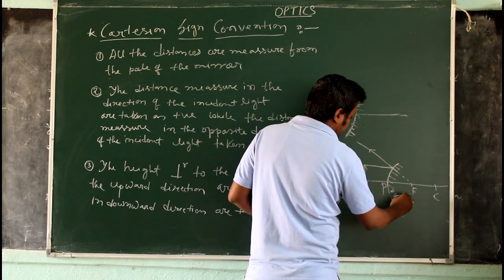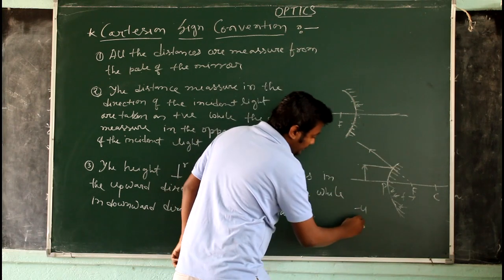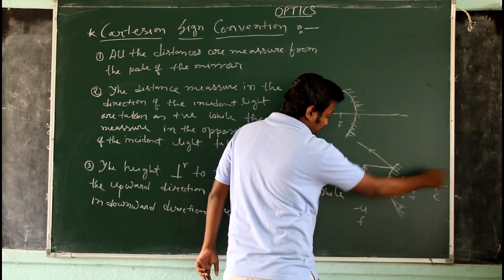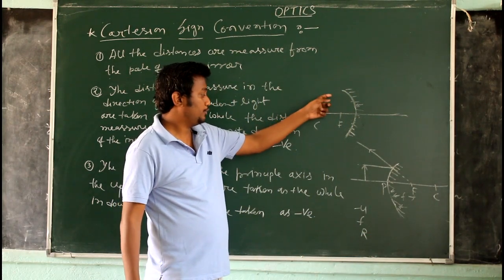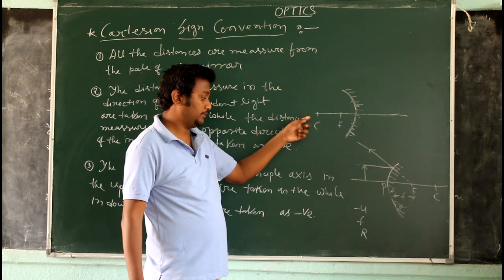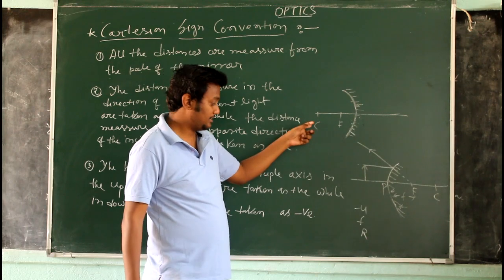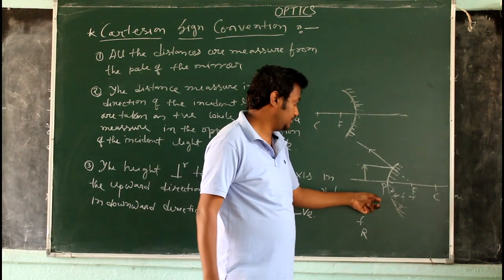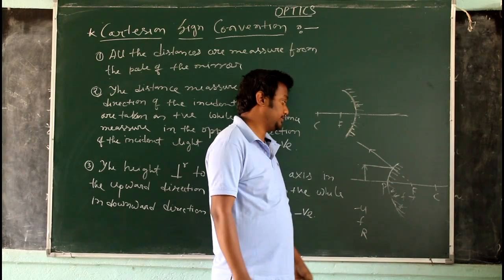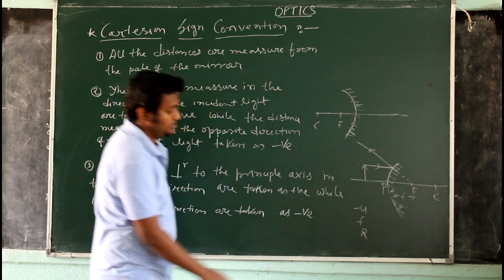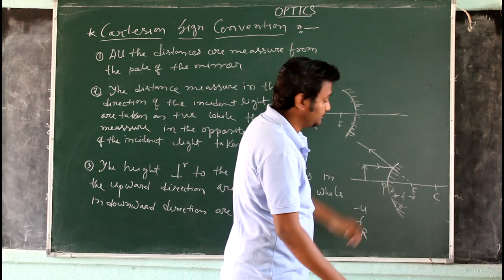In this case, the object distance will be negative, but the focal length is positive and the radius of curvature is positive. In the concave mirror all the terms are negative, but in the case of the convex mirror only the object distance is negative, while the focal length and radius of curvature are positive because they are in the same direction as the incident ray. This is point number 2.